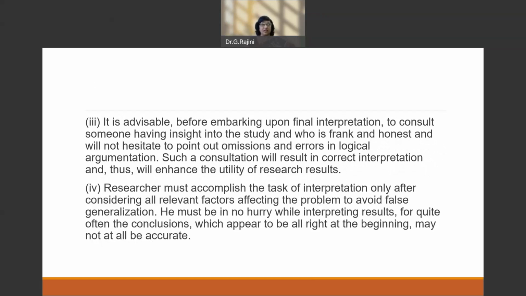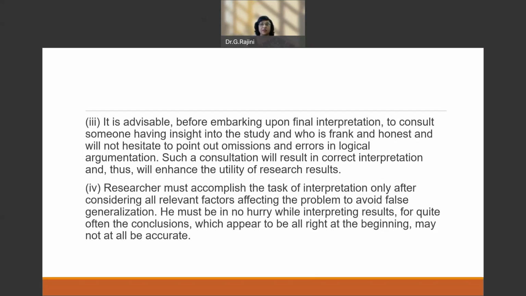Likewise, it is advisable, before embarking upon the final interpretation, to consult previous studies. And you can even follow the Delphi method. You can talk to experts who are frank and honest, and will not hesitate to point out omissions and errors in logical argumentation. Supposing you take PhD type of studies, we have a research advisory committee.